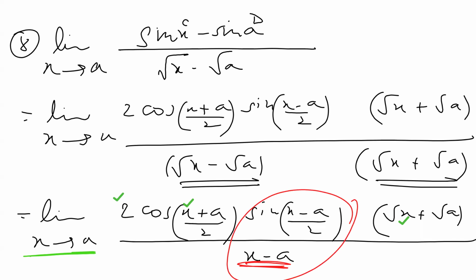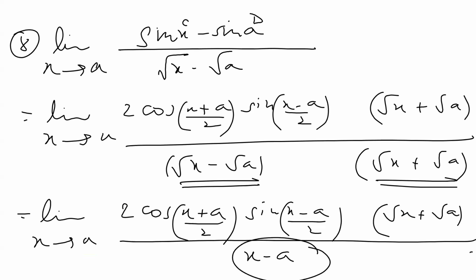If you put a over here, then the denominator will be 0. But for this particular sine, the angle is (x minus a)/2, so we can easily divide and multiply by 2. It can be done, but then no need of increasing the number of steps. So this part, I'll group it with sine, divide and multiply with 2.